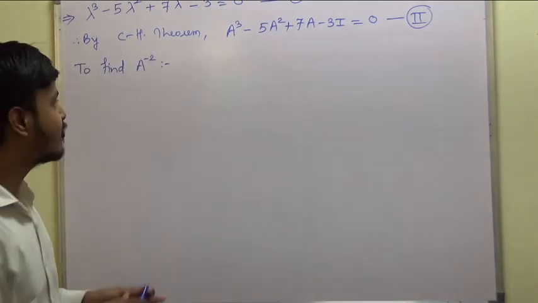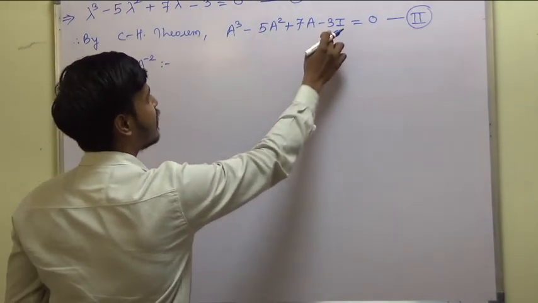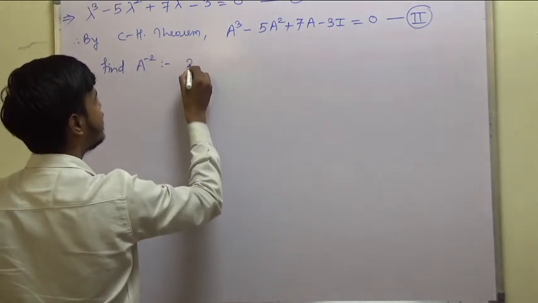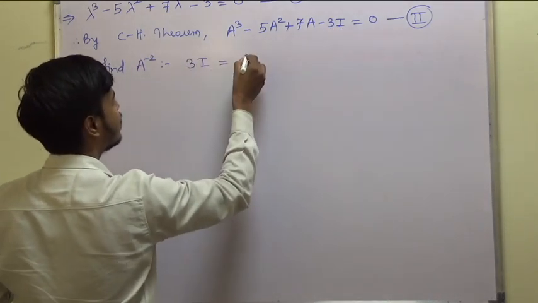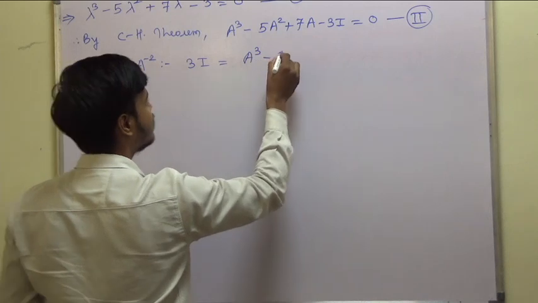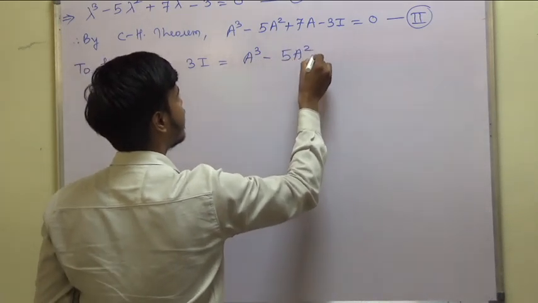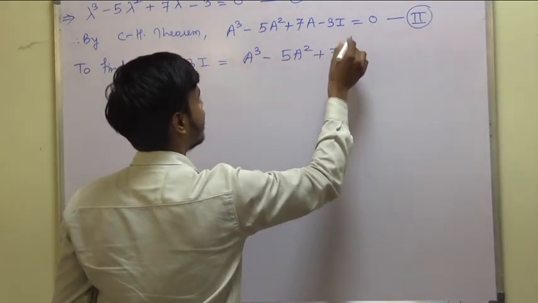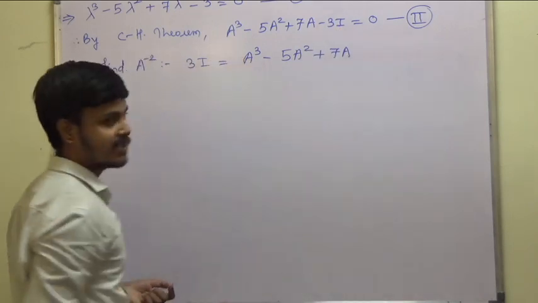Okay, so let me write down this equation nicely. I will take 3I on one side and the rest of the values on the other side: A cube minus 5A square plus 7A equals 3I.